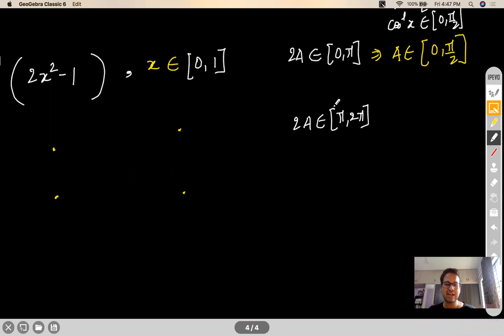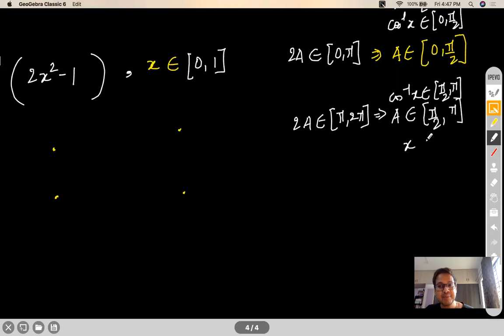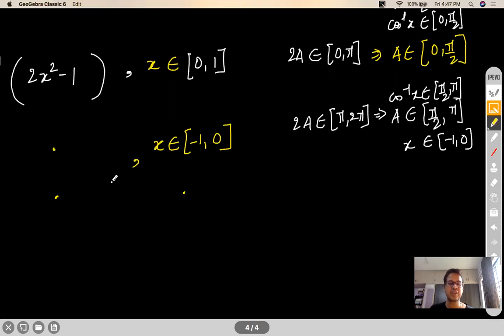But I will justify it after I've done the entire formula. So in this case, your a lies between pi by 2 to pi. So a is nothing but cos inverse x. Correct? So x will be from, tell me, minus 1 to 0. So there will be one more part of the formula which will work when your x is between minus 1 to 0. Got it?